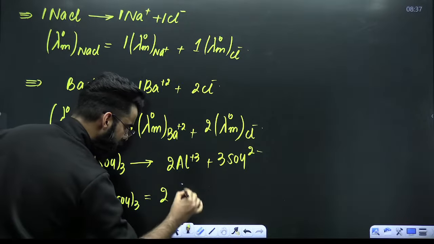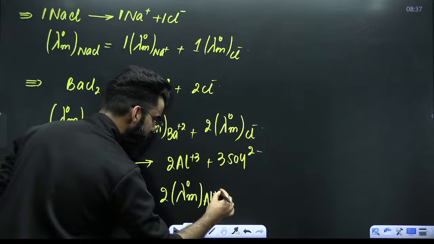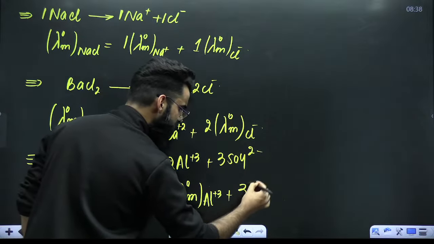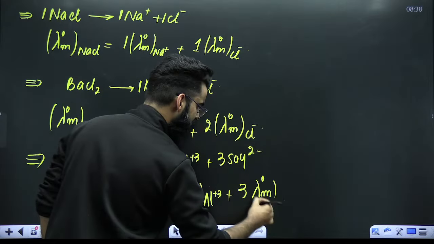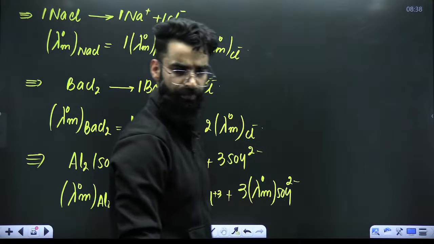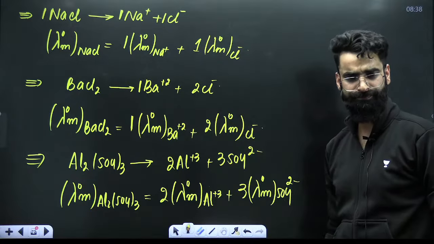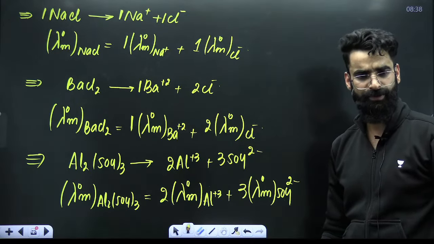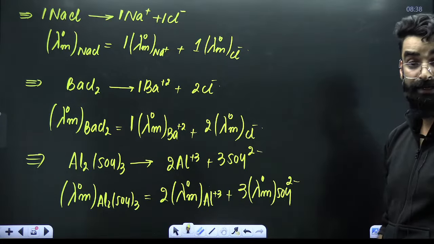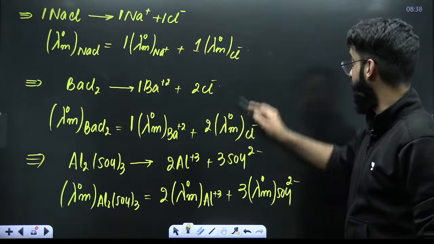Start with 2, then write the molar conductivity at infinite dilution for Al tri positive plus 3 times the molar conductivity at infinite dilution for SO4 di negative. Perfect. You should be able to write these particular statements for every electrolyte.